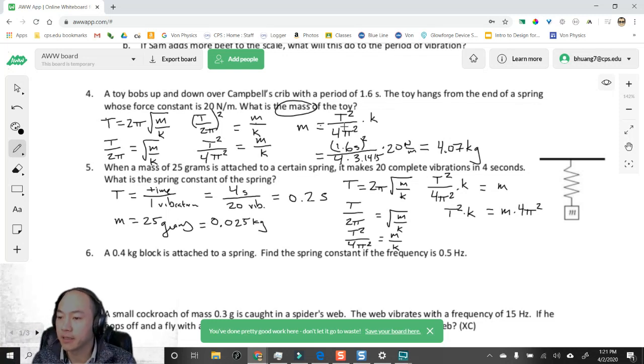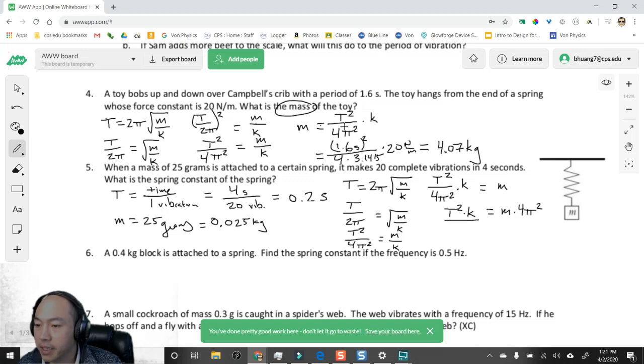And then the last thing I need to do is divide both sides by T squared, divided by T squared, right? This ends up canceling out, and I end up getting K is equal to mass times 4 pi squared divided by T squared. That's a squared there.